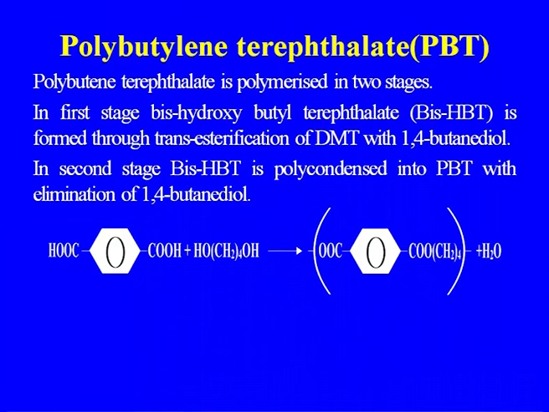So, this was about polyester manufacture, the importance of polyester and the shift from DMT to terephthalic acid. The real driving force for the development of the polyester industry was the availability of feedstock, especially paraxylene from the catalytic reforming process at a much cheaper rate.